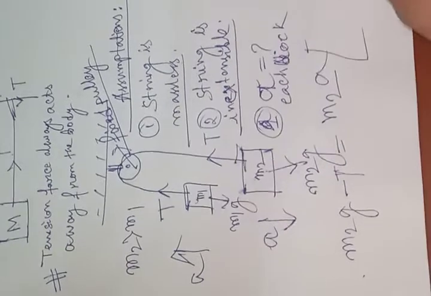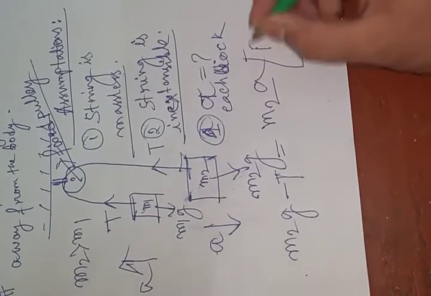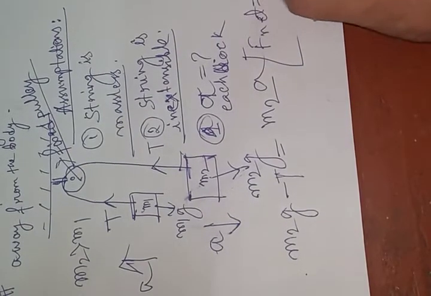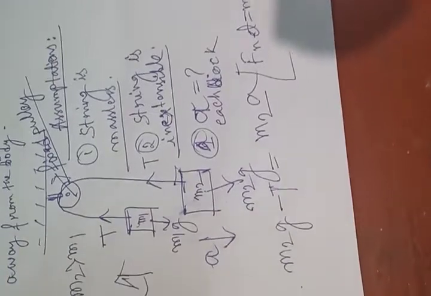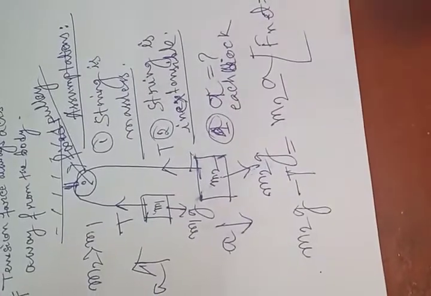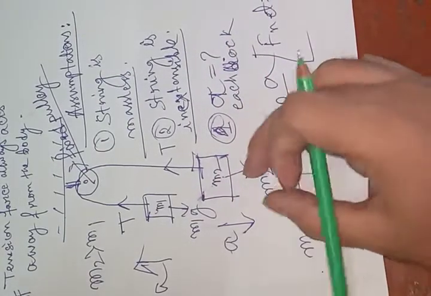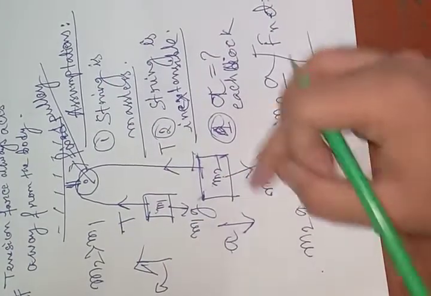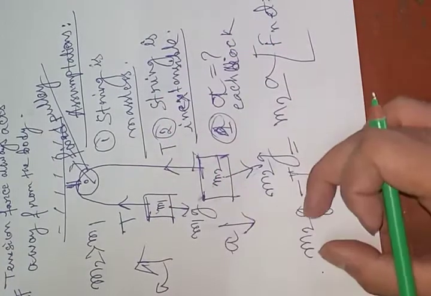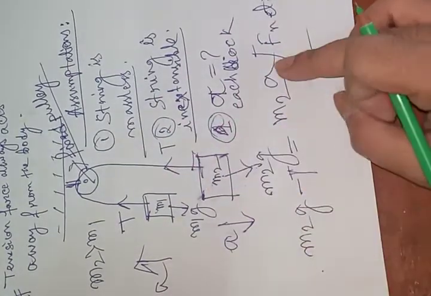That is Newton's second law, F net equals ma. Are you seeing this? So what is the F net here? For this block, it is the downward force minus the upward force, because this force is greater, that's why it is going downwards. So m2g minus T equals m2a.